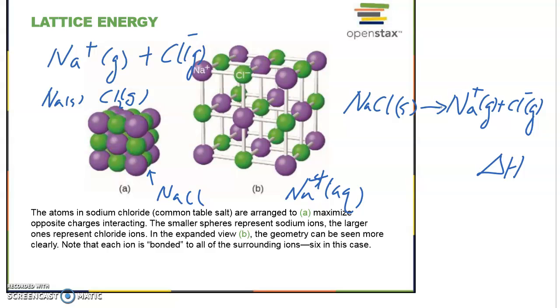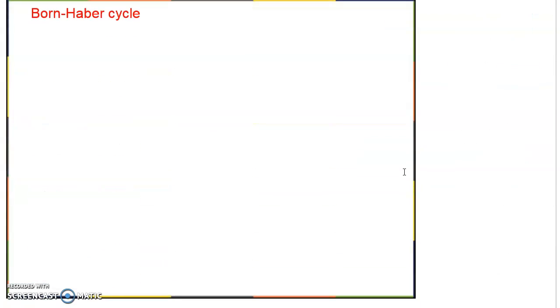So how can we know it? Well, by using Hess's law. In this case, there is a special way of doing Hess's law, which is we have to do it the opposite way. That means, how can we use sodium solid and chlorine gas in order to form NaCl?